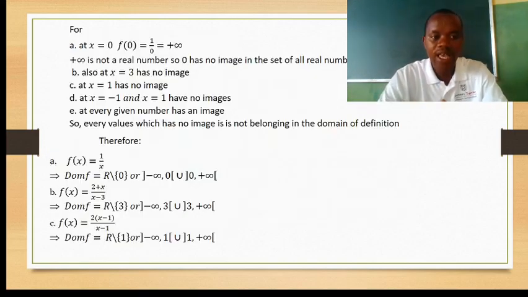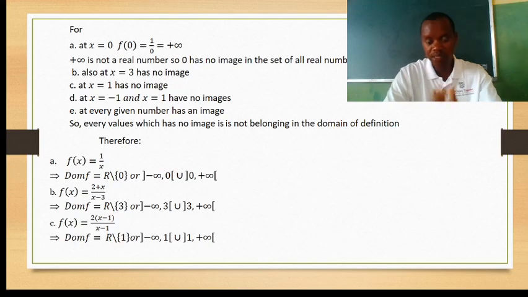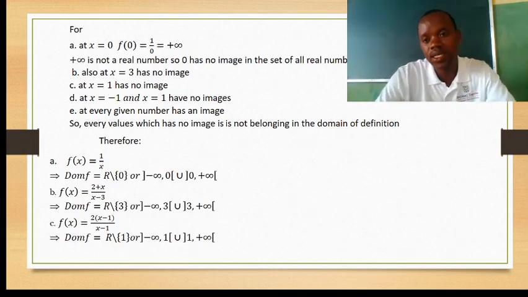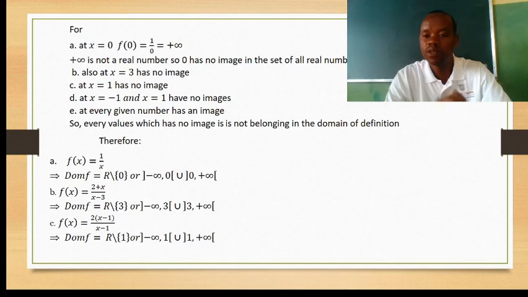For A, f of x, we have calculated that f of 0 gives plus infinity, where we said that 0 has no image in the set of all real numbers because infinity is not a real number. In this case, the domain of definition will be all real numbers except element 0, because 0 is the one which has no image.